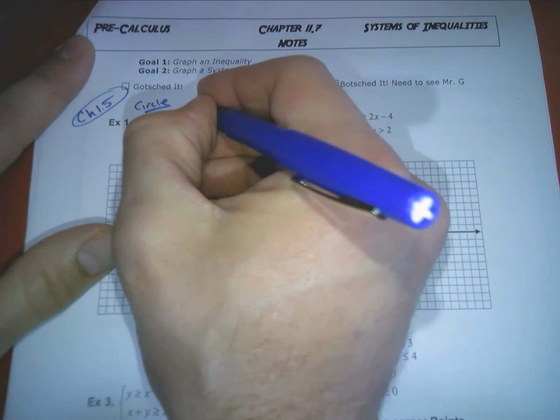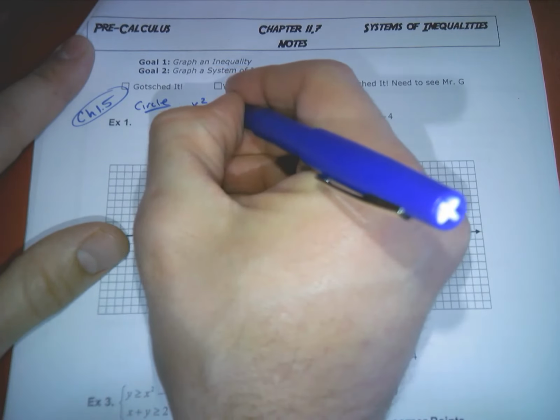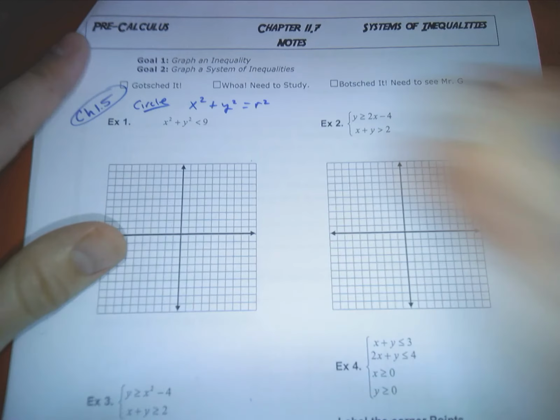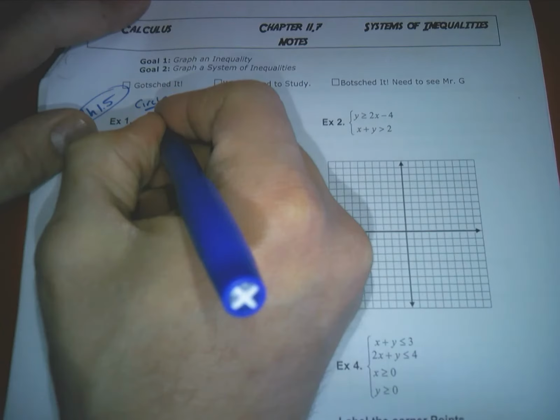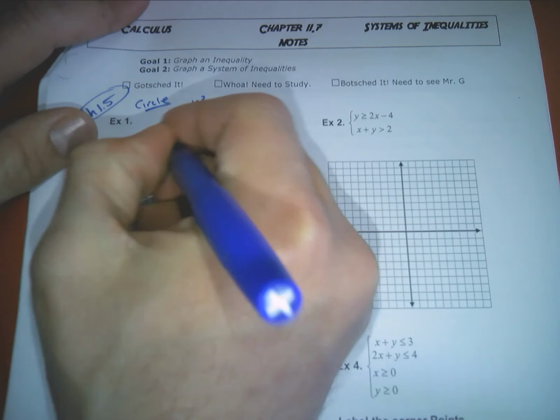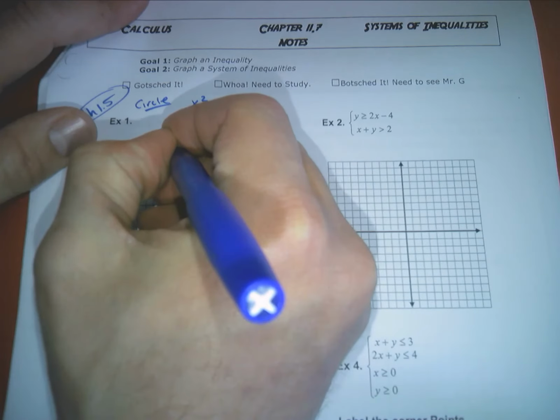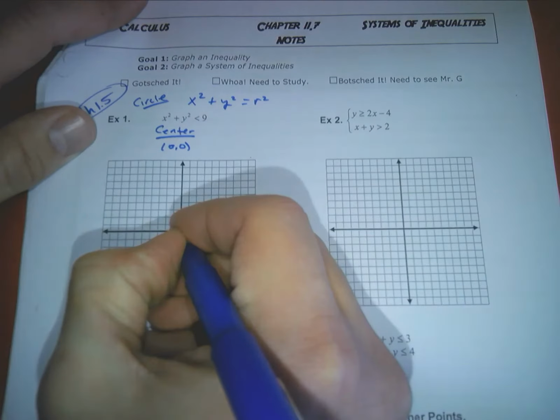Okay, so back in the day in chapter 1.5, we talked about circles was x squared plus y squared equals r squared. Okay, technically we even talked about if the center is not at 0, 0 is x minus h quantity squared plus y minus k quantity squared equals r squared, but don't worry about that. So my center here is going to be at 0, 0. Okay, so 0, 0.